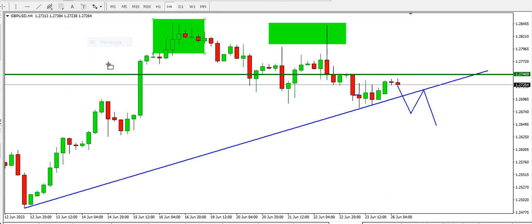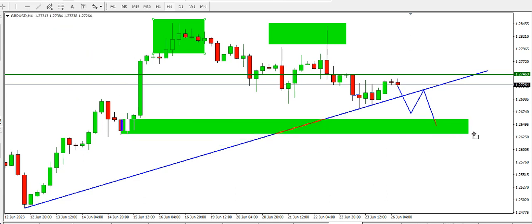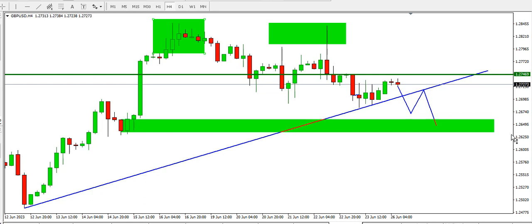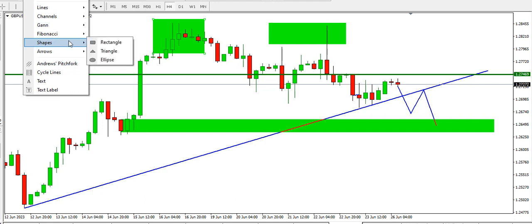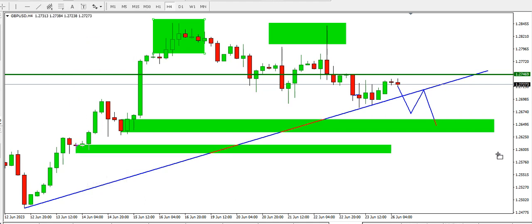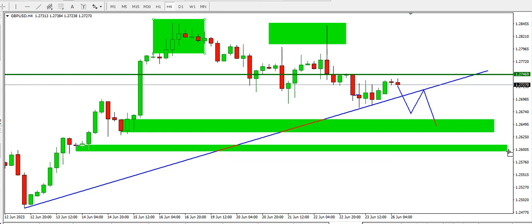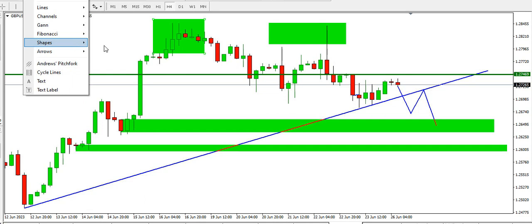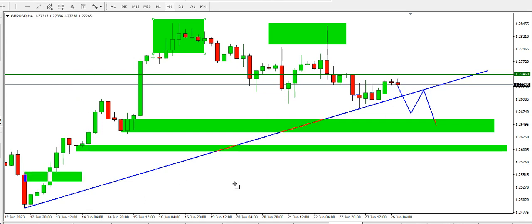The drop might meet with demand around this zone. Okay, now a break below the zone, we still have another tiny order block around here. That's another demand level. Then for us to have another drop to this level.